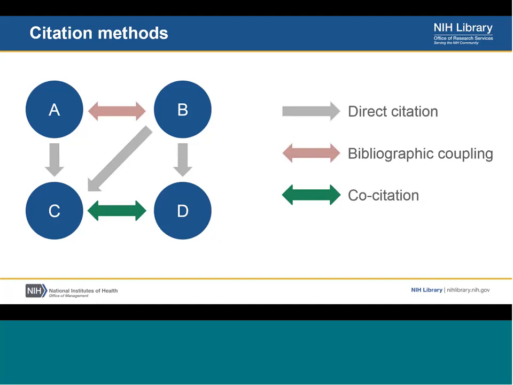Because papers have references immediately when they're published, you can go ahead and create a bibliographic coupling network directly on those very recent publications without losing papers. It doesn't rely on them having actually been cited.